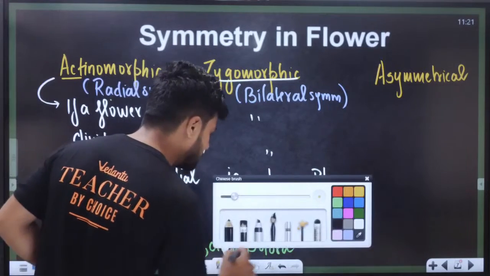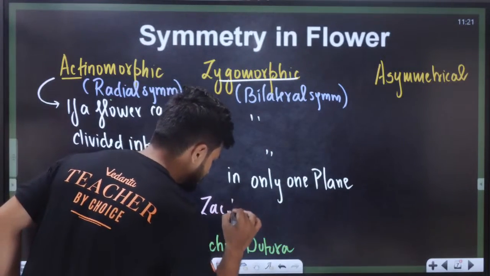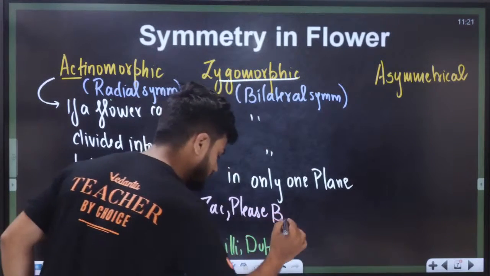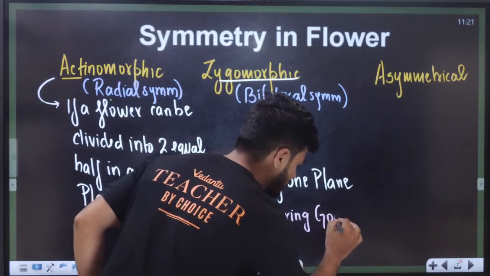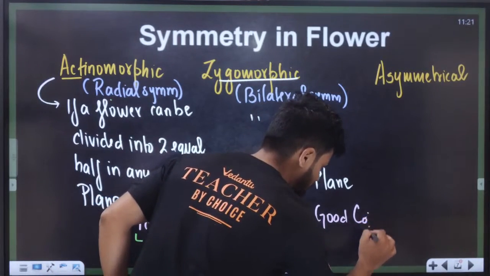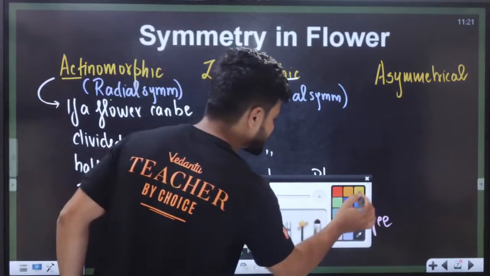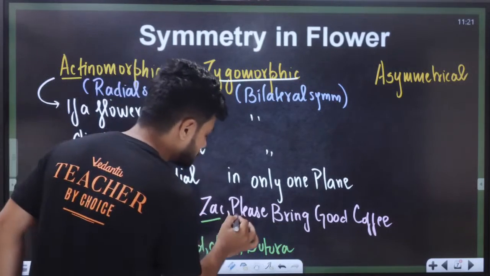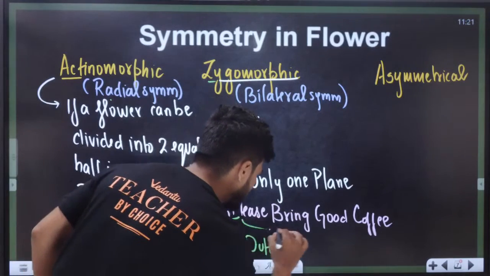Zach, please bring good coffee. Now what does Z stand for? Z stands for zygomorphic. Now what does P stand for, students? The P stands for pea.